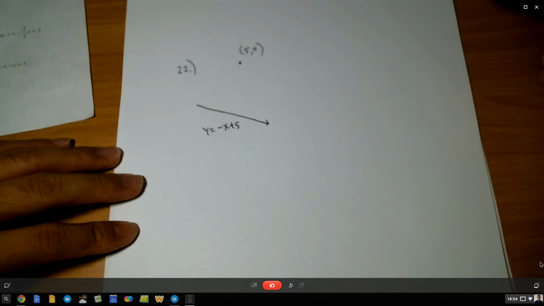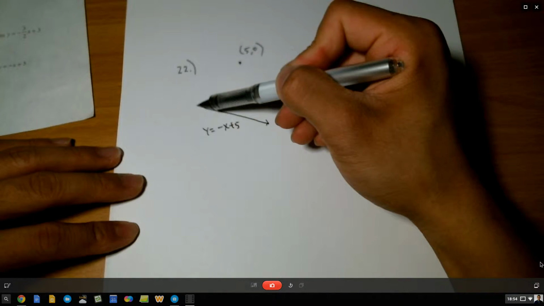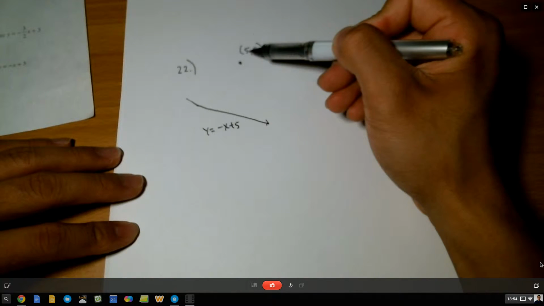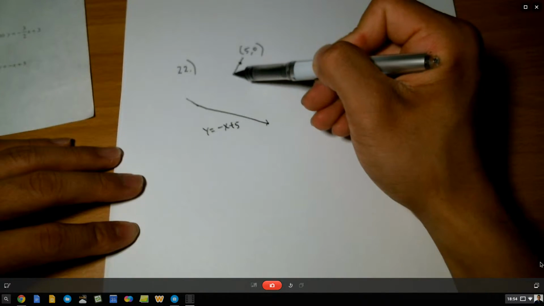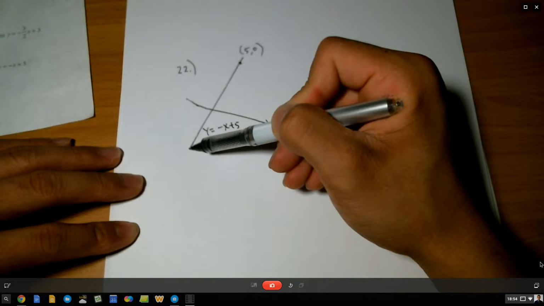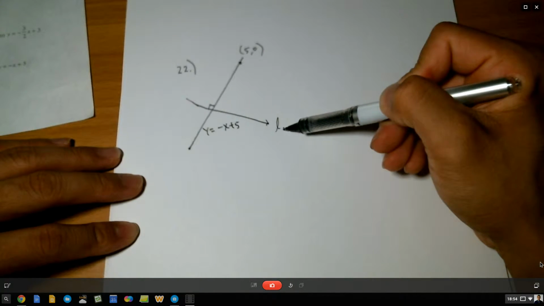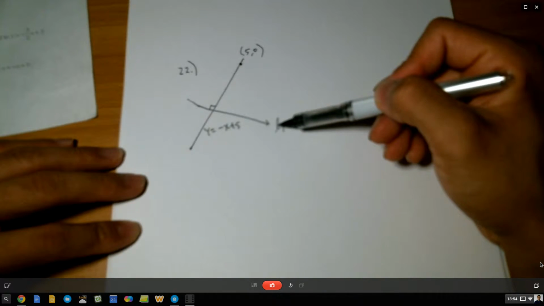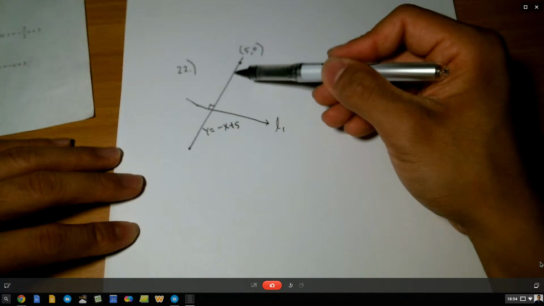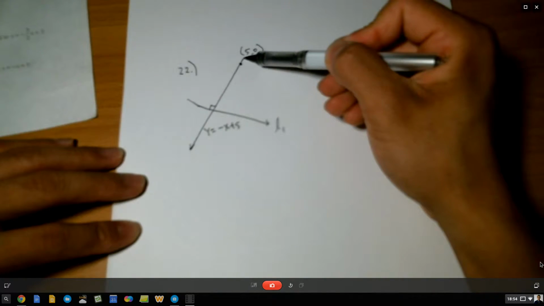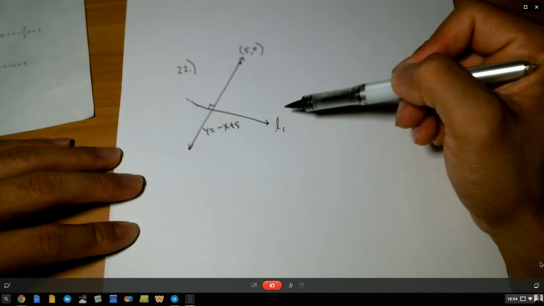So the question asks, what is the equation of a line such that it goes through this point 5, 0 and such that it's perpendicular to this line here? Let's call it L1. So what is the equation of this line here? Okay, that's pretty much what the question is asking.